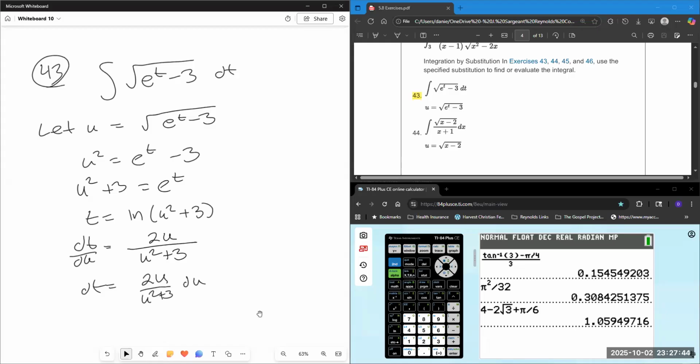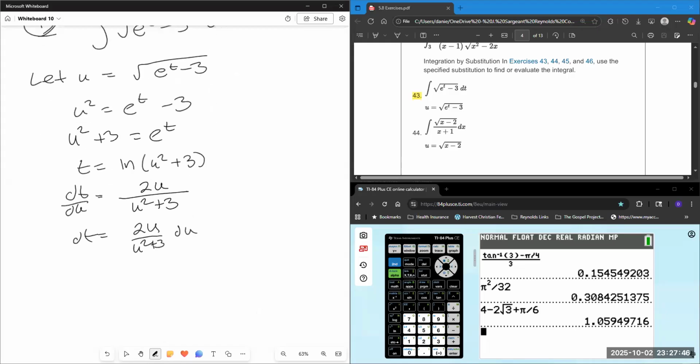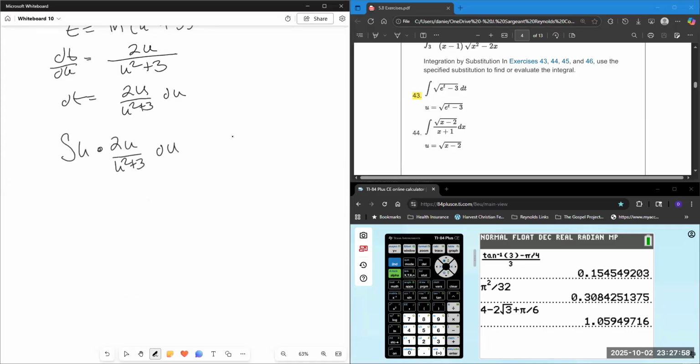So this is integral of u times 2u over u squared plus 3 du. That gives me 2 integral u squared over u squared plus 3 du. I need to divide with long division since the degree of the top and the degree of the bottom are the same.